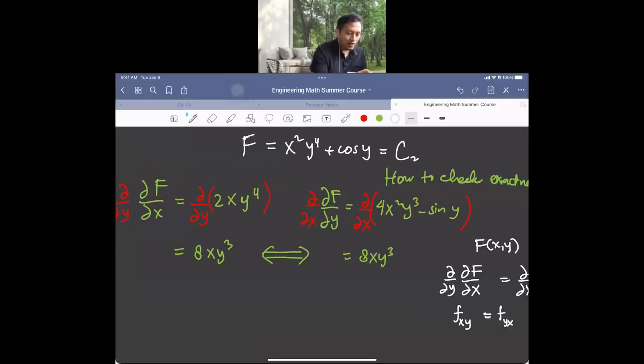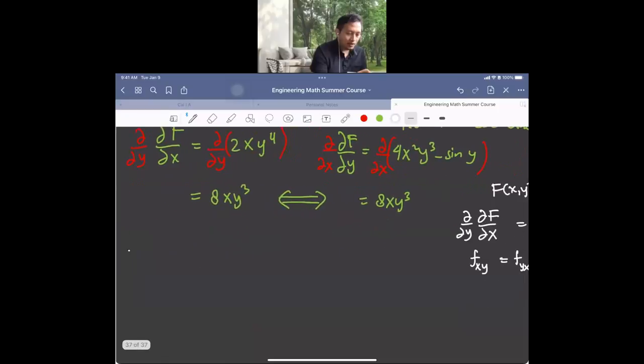Okay, so when we can make sure that this is actually equal, then we say that we have an exact equation.